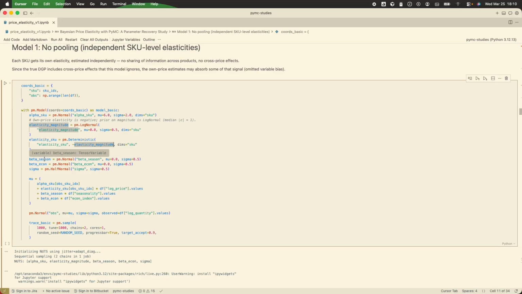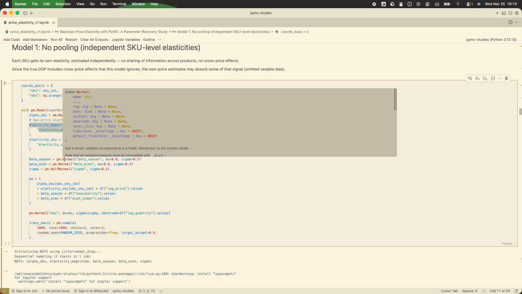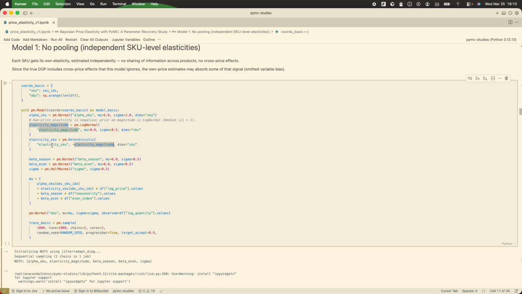Then I have beta and sigma. So beta will be for each of the controls. I'm using normal because it's very uninformative. I'm not sure how it looks, so I'll just keep it sort of neutral.